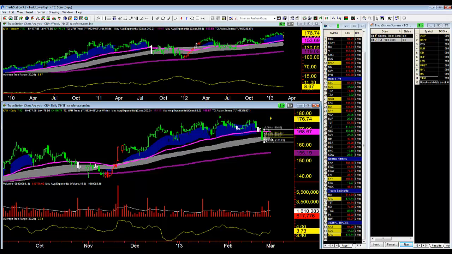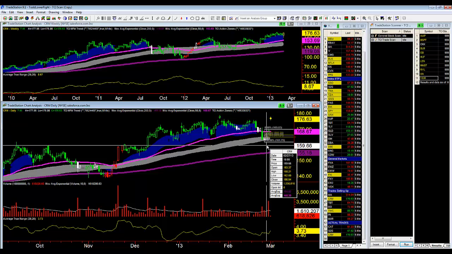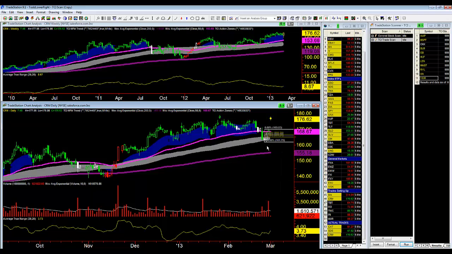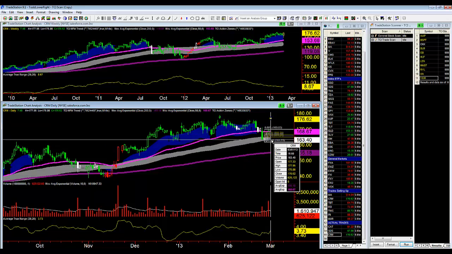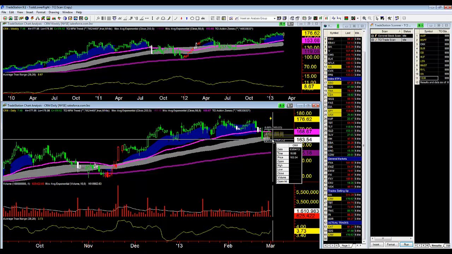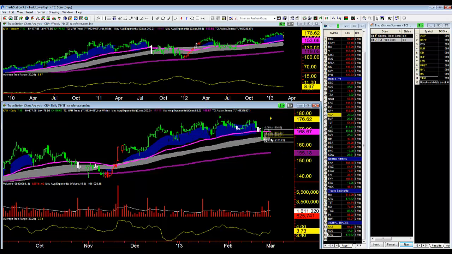We moved our stop, which was sitting below the low, the bullish engulfing pattern, right? Our initial stop loss was 161.80. We decided to move that stop up to 164.22, so cutting our initial risk from $5.08 to $2.66.